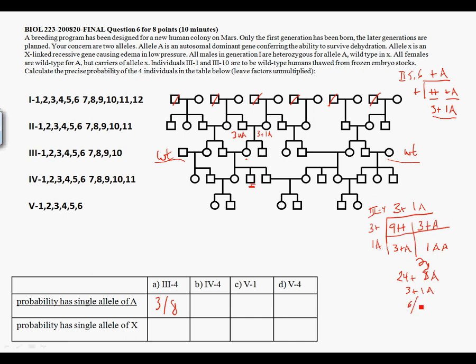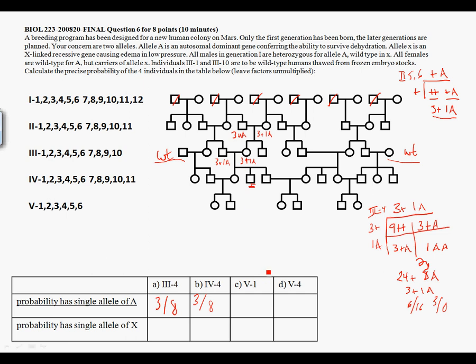So that's 6/16 or 3/8. And that's not surprising because nothing has changed between generations. The allele frequency is the same, and they both have the same. So I'm going to write here 3 plus 1A, and I'm not surprised that he's the same as his mother and his father, who go all the way back up.